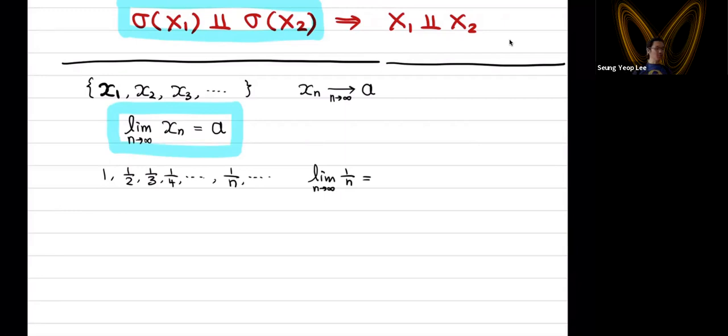As n grows, this sequence converges to which value? 0, yes. So we know by intuition, but we want to prove this. We want to make it a rigorous statement so that we can prove this and show it to other people.